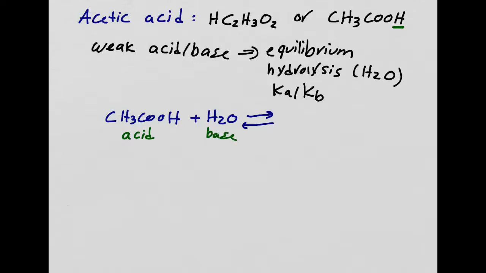Acid is going to lose a hydrogen, so I'm going to end up with CH3COO minus, because remember what I said? This one right here is the acidic hydrogen. And my other product is water gets the hydrogen, which is hydronium. And also don't forget that the charges on both sides are equal.